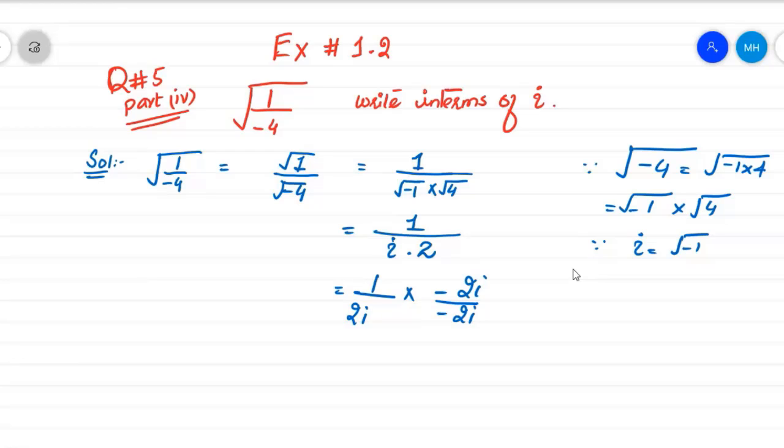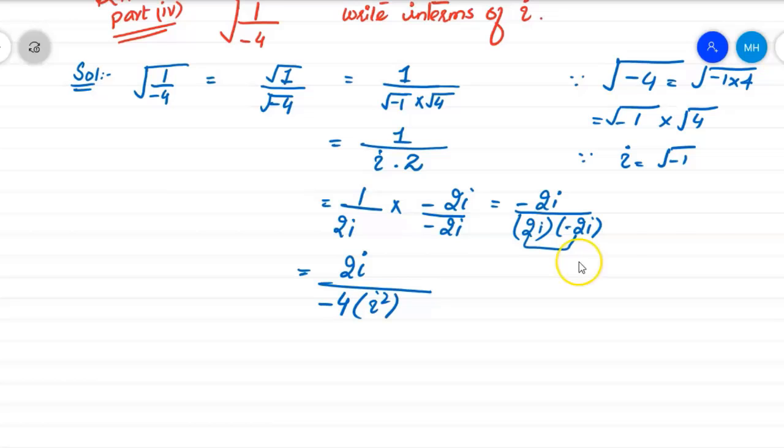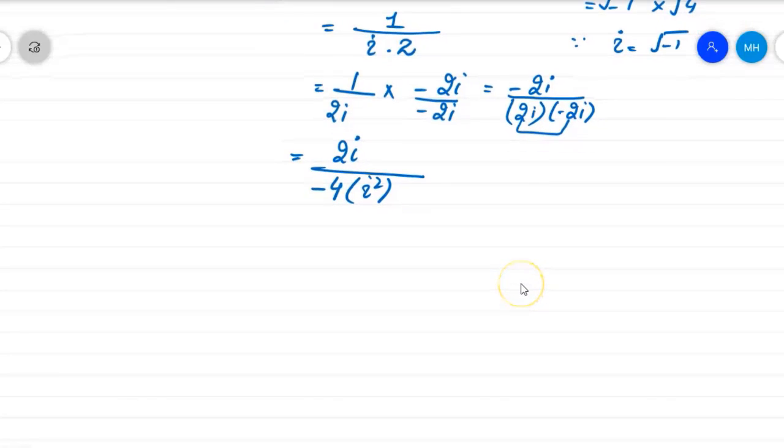Now you have to simplify. Multiplication: negative of 2 iota. Denominator, what will happen? 2 iota times minus 2 iota. Okay, so we have minus 2 iota in the numerator, and here 2 times 2 is 4, and negative comes out. Now iota times iota is iota square. And you know the value of iota square is, recall your memory?